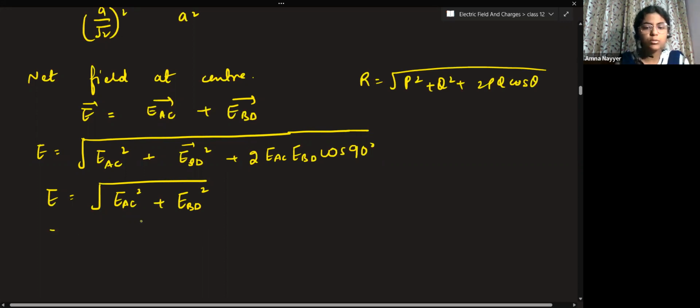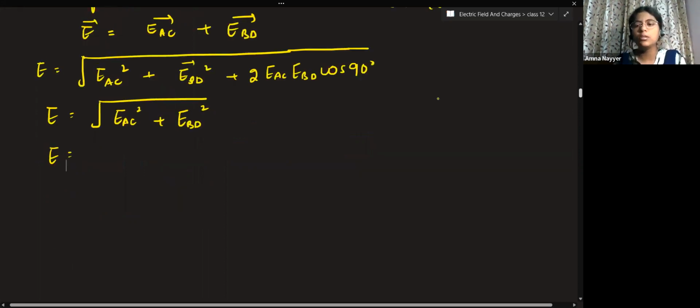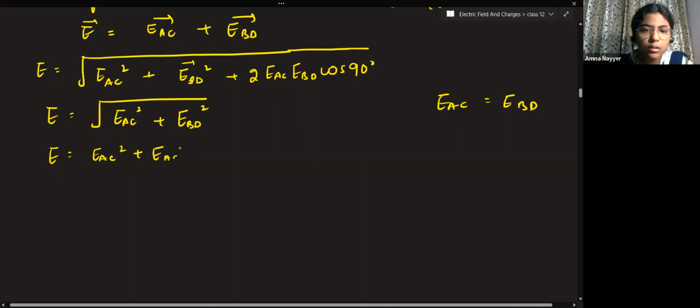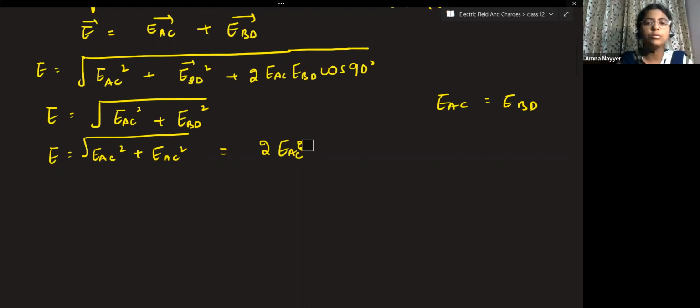Now see, we have the values of EA and we have seen the magnitudes of EAC and EBD were equal. Both of them were coming as 6KQ by A square. So EAC's magnitude is equal to EBD, and you can replace one of them: EAC whole square plus EAC whole square makes it 2 EAC whole square, with an under root sign.